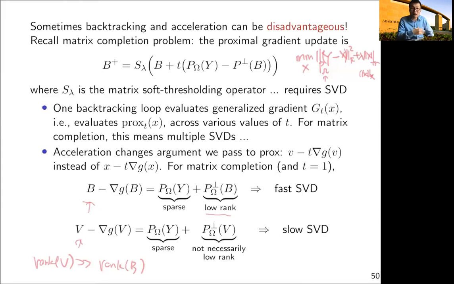And if you balance out the benefits that you get out of the faster convergence and the disadvantage of the cost of getting the solution in every iteration, maybe the picture will be different. Maybe it depends on which one is more dominant.